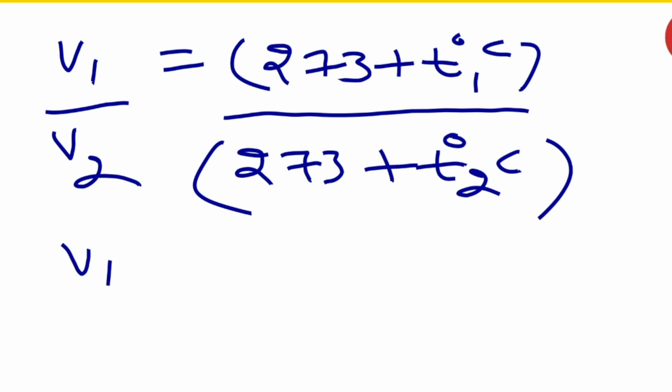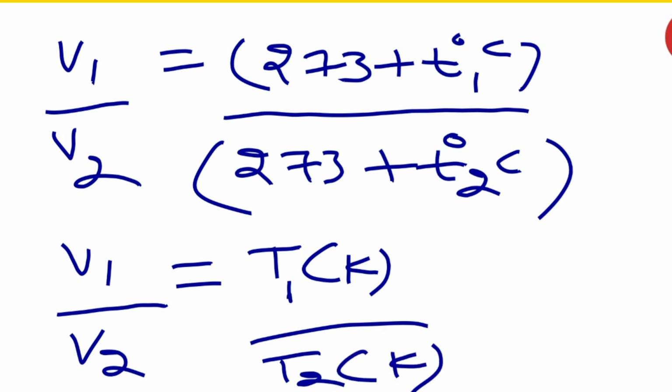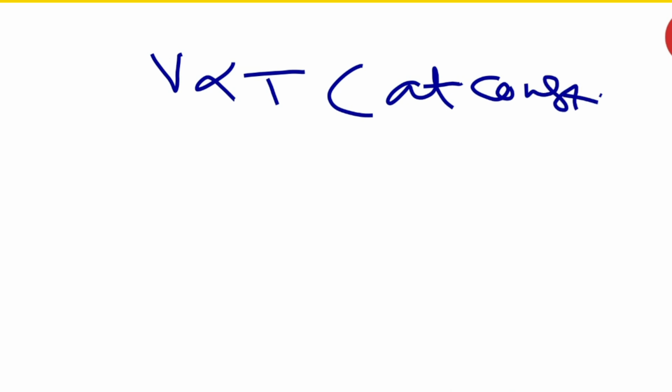Now V1 upon V2 is equal to T1 upon T2, where temperature in Kelvin is always 273 plus T. So this is T1 and this is T2 in Kelvin. Clear? Then we can say V is directly proportional to temperature at constant pressure and number of moles. Clear?